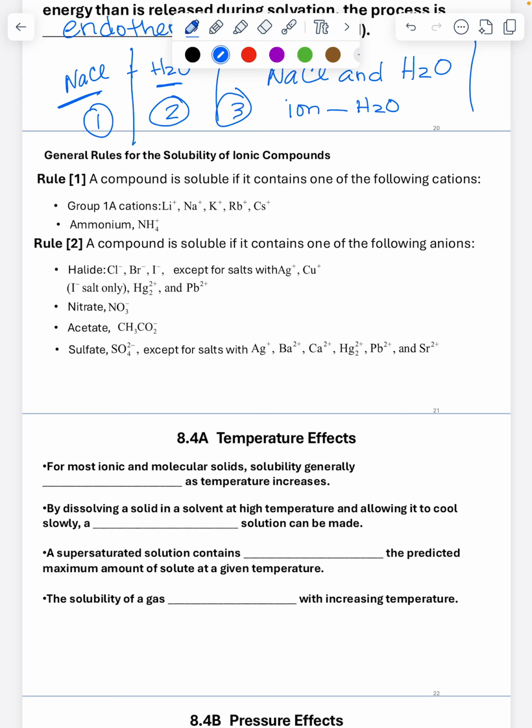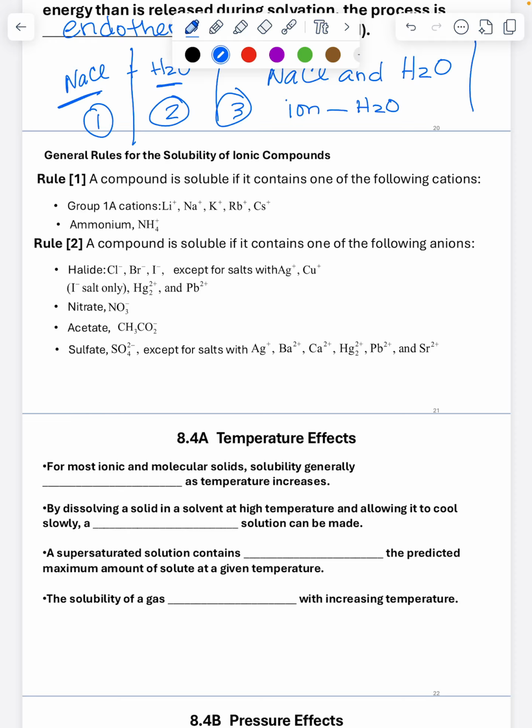Any of the ions from group 1A, as well as the ammonium ion, NH4+. So if you have a compound with any of these group 1 cations or the ammonium cation, that compound will be soluble. Rule number 2 says a compound is soluble if it contains one of the following anions.